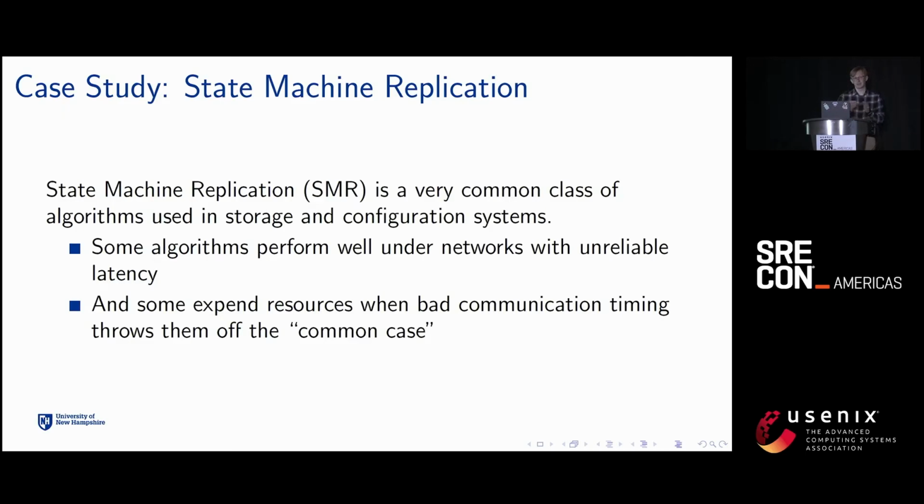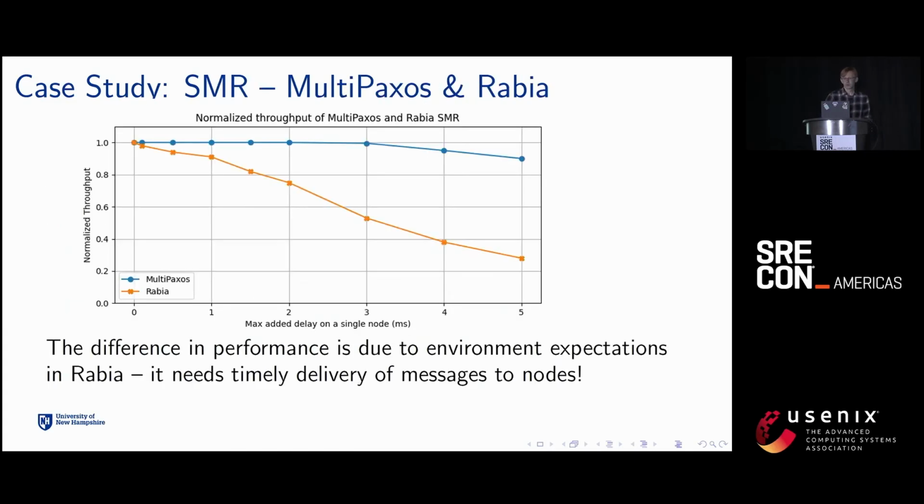And there is another class of algorithms that expects certain timing assumptions from your network, from message delivery. When that happens, they will start to degrade not only the latency when there is flaky latency, but also the throughput of the system.